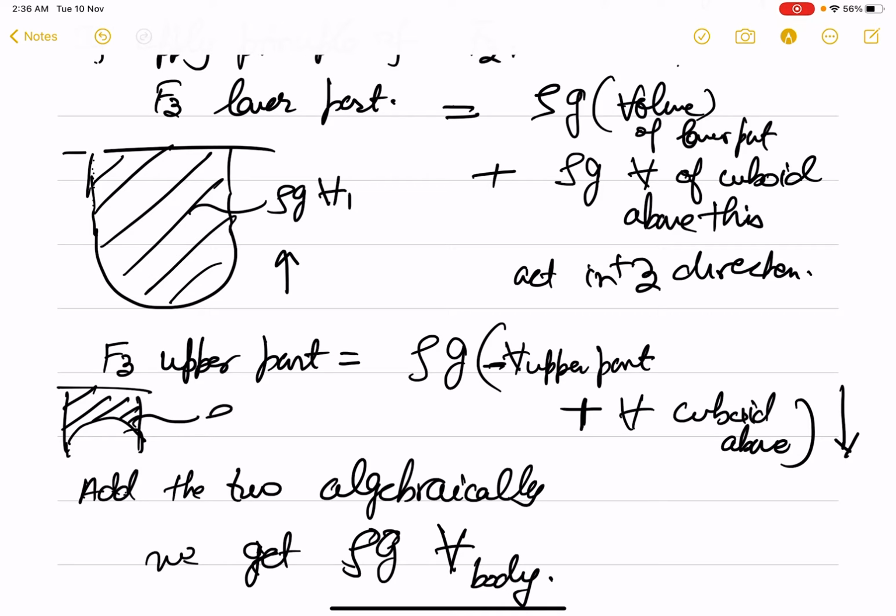So rho g times V2, this acts downwards, this acts upwards. When you add the two, this part goes away, you will be left only with volume of the body. So this is how this works out, and we can get to the buoyant force.